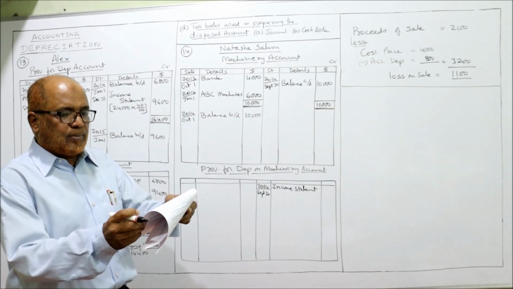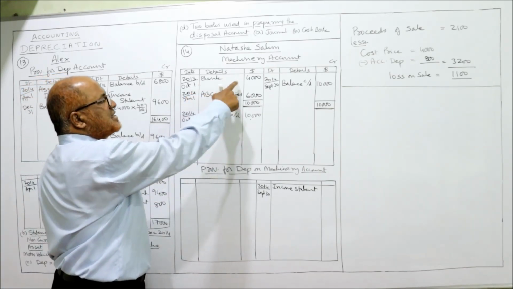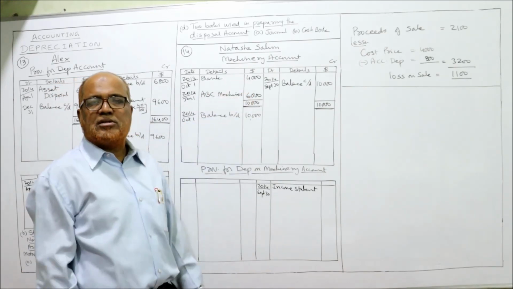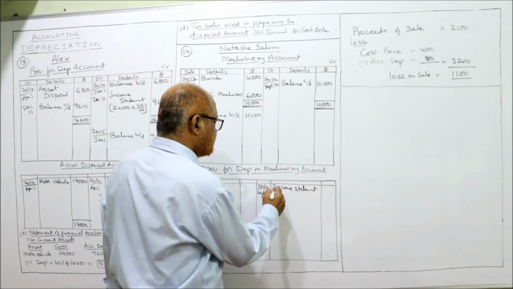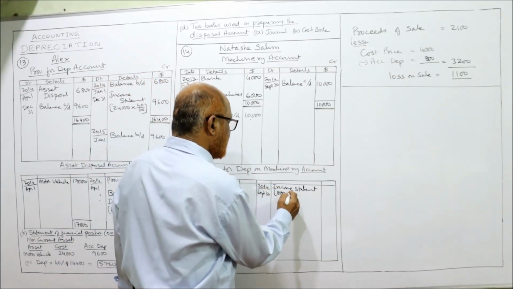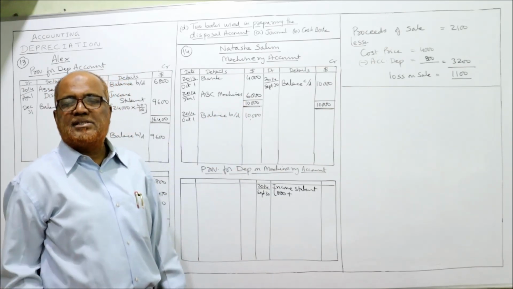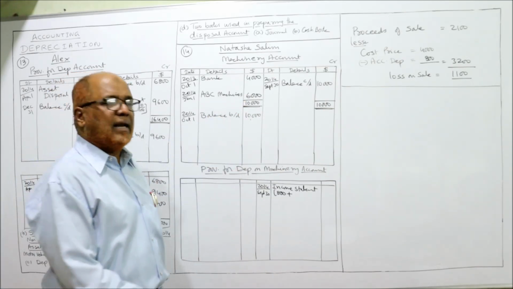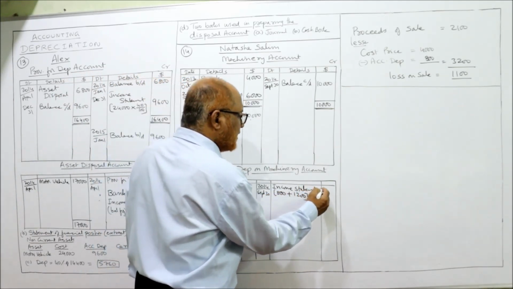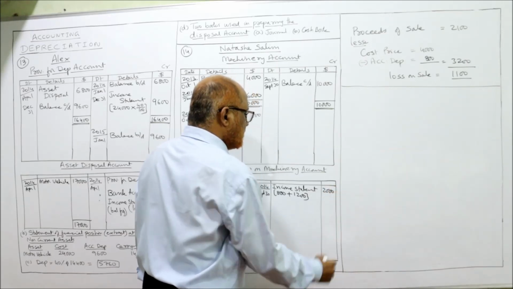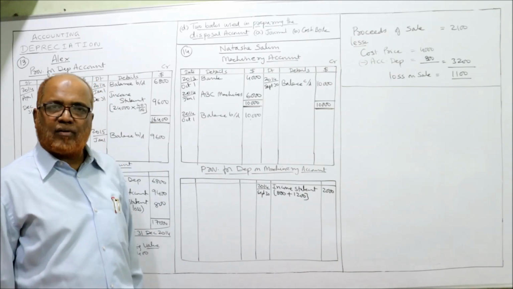What is the rate of depreciation? 20%. 20% on the first machine, 4,000. 20% of 4,000 is 800, plus 20% of 6,000, 6,000 into 20%, 1,200. 800 plus 1,200, 2,000 is the depreciation for 1 year.